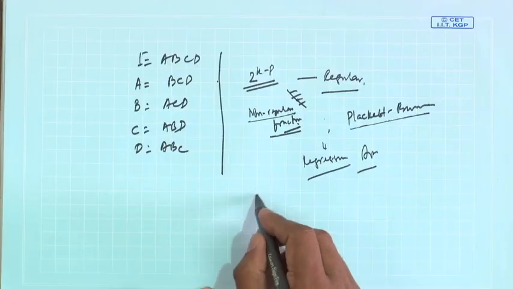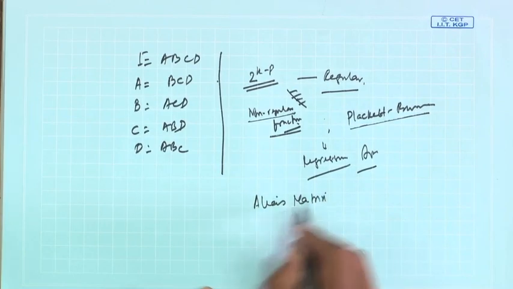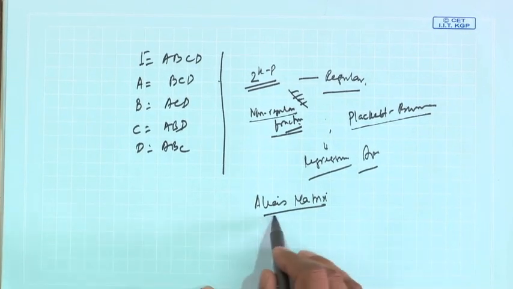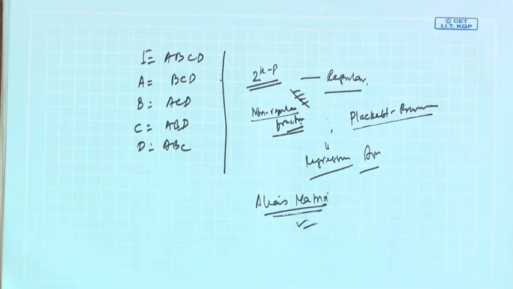Then you will find that the expected values are aliased accordingly as per the theory, and in that way you will get an alias matrix, and using the alias matrix you will get the alias structure. So, that is what is for this lecture.